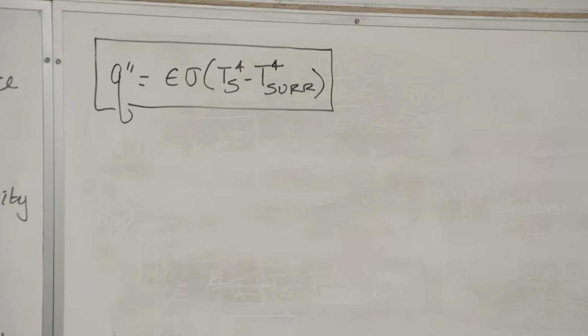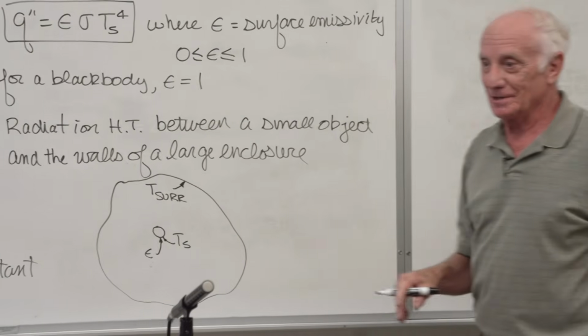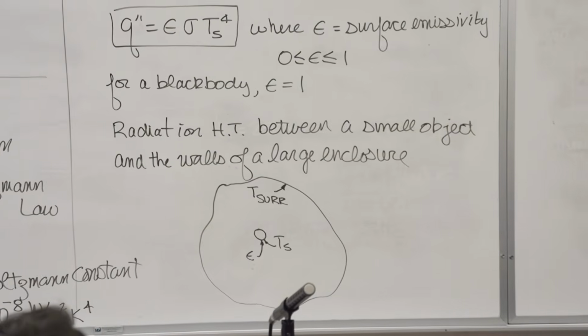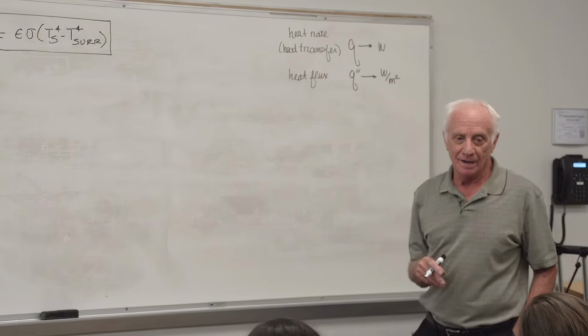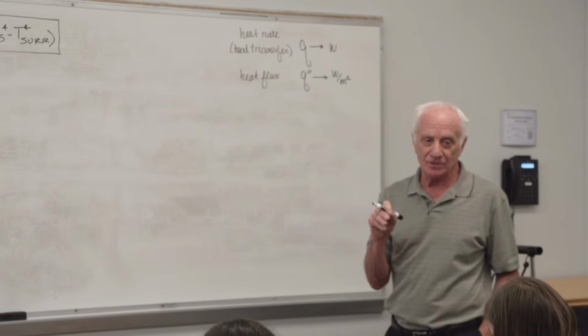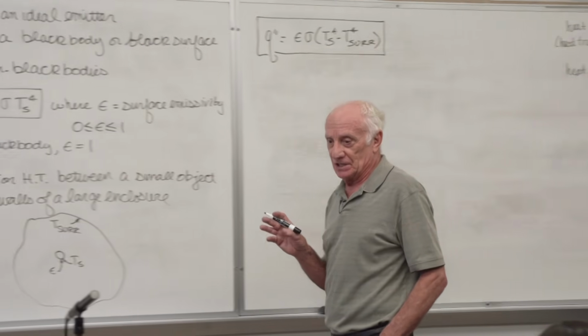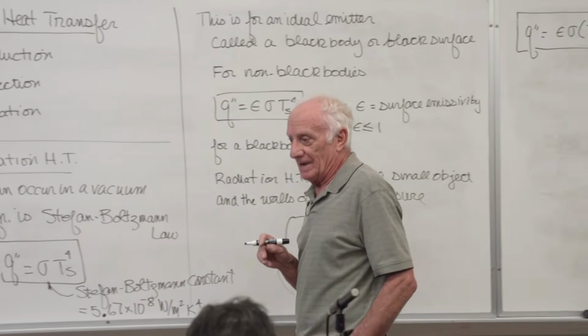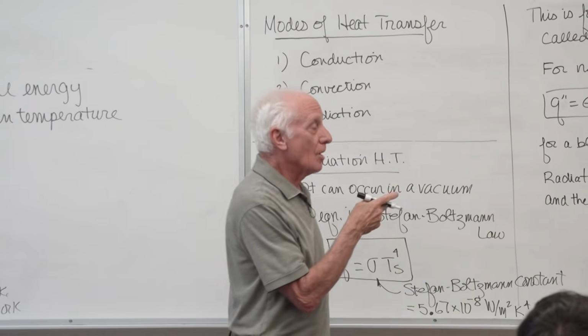But that's only valid if it's a small object in a large enclosure. Like, put a dime inside of a basketball. Okay, that qualifies. The dime's a small object at 1,000 degrees Fahrenheit, in a basketball at 60 degrees Fahrenheit. Find out how much heat transfer occurs between those two. There's the equation you use.